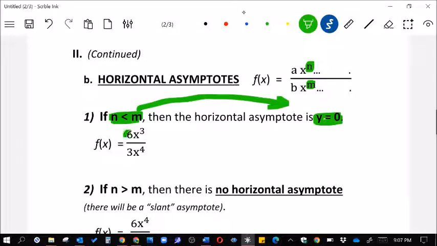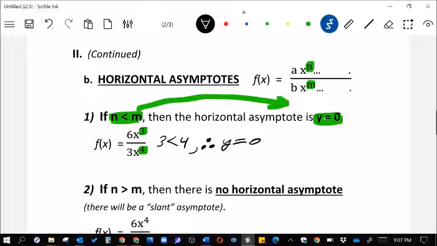So an example here is not 6 and 3, but rather 3 and 4. Because 3 is less than 4, therefore, and that's the math and scientific way of stating, therefore, y equals 0 for the horizontal asymptote.